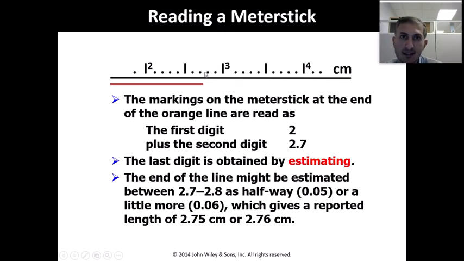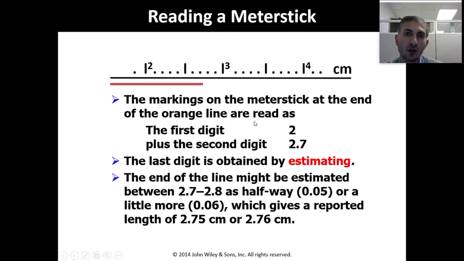We know that this is greater than 2.7. You may say 2.75, 2.76, 2.72. Because of uncertainty in this measurement, we call the last digit of all measured numbers the estimated digit.